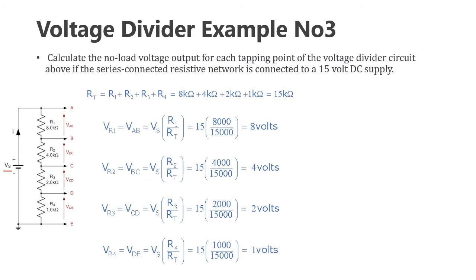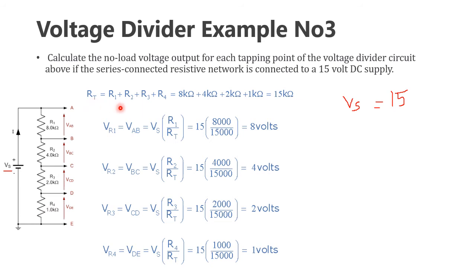The supply voltage Vs is already given as 15 volts. The initial step is to find the equivalent resistance across terminals A and E. Here these 4 resistors are connected in series, so we have to add all the resistance values.